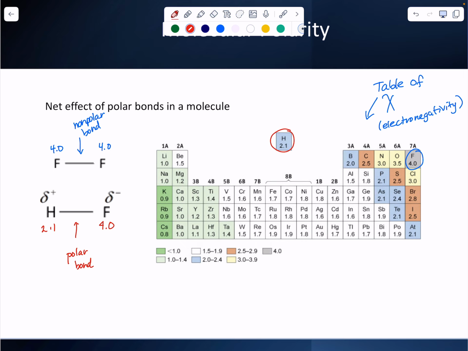So in essence, the fluorine gets more of the electrons' time. That doesn't mean that the electrons in the bond don't go visiting the hydrogen nucleus sometimes, okay, but they spend more of their time near the fluorine. So that leaves the hydrogen with what we call a partial positive charge.